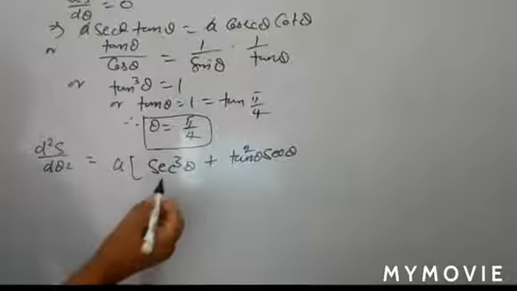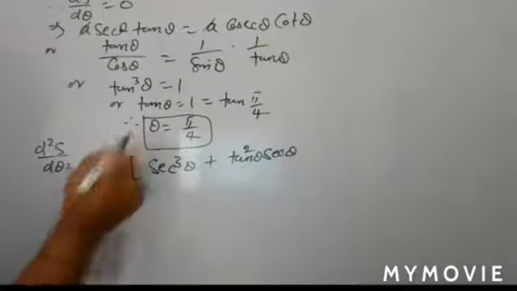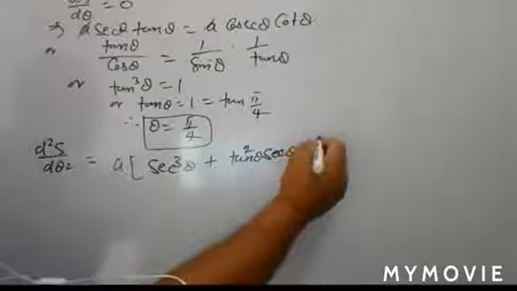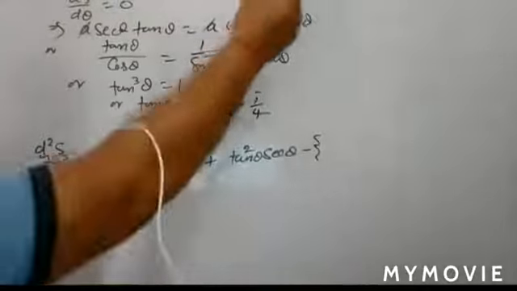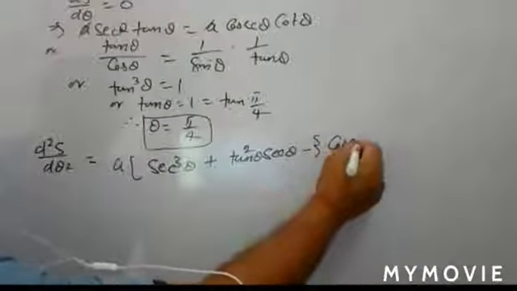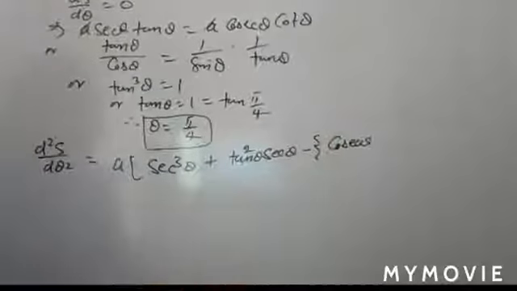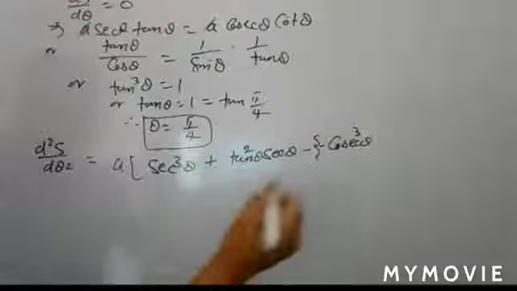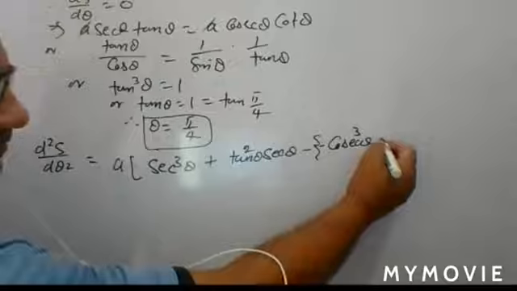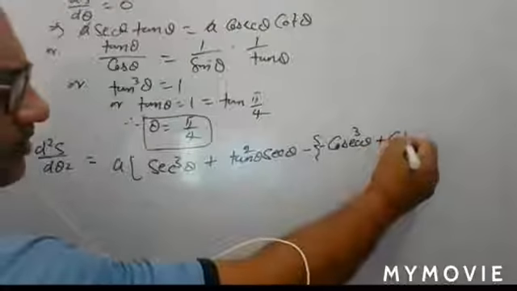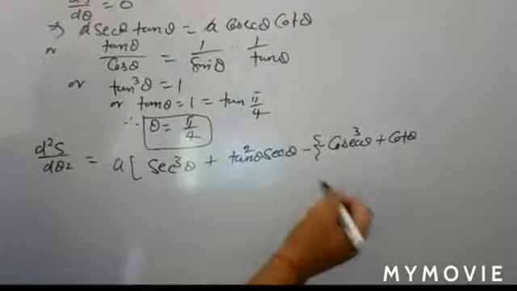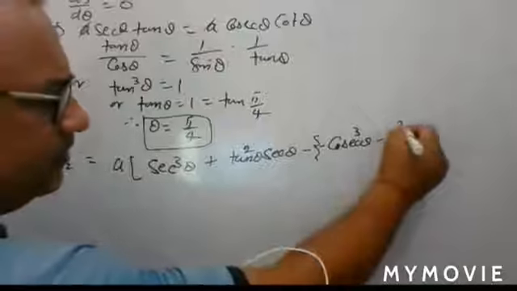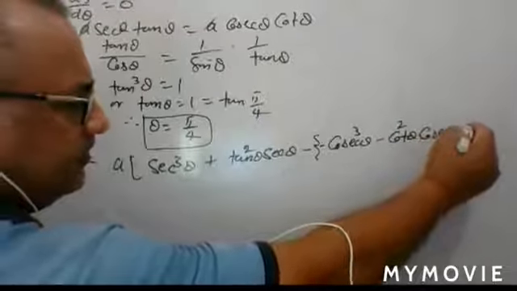Here you are taking a common throughout the terms, and here you have minus. First function cosec theta, and the differentiation of second is minus cosec square theta, so you write here minus, that here you have cube. First function differentiation of second plus second function cot theta, and differentiation of first, minus cosec theta cot theta, so here you have negative, cot square theta into cosec theta.